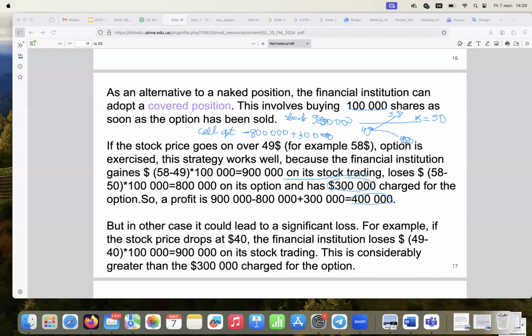So how much did we lose? Again, 9 for one share, but we have 100,000 shares, so it is 900,000. But what about the option? The call option in this scenario costs nothing, so we don't need to pay anything.